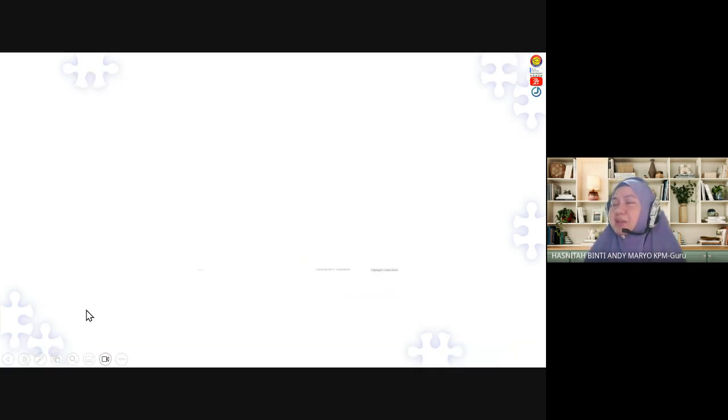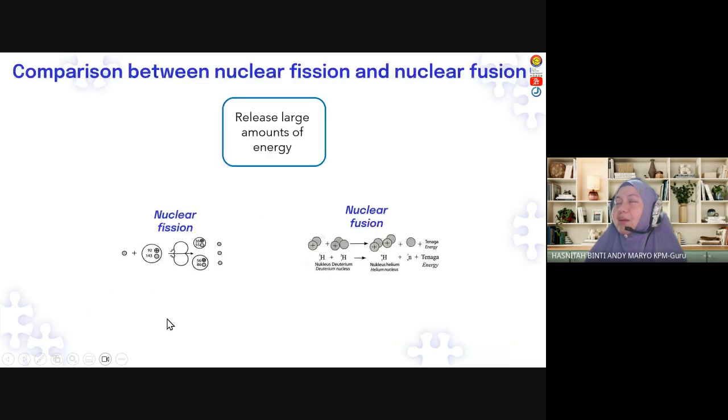Okay, next student. So this is the comparison between nuclear fission and nuclear fusion. Okay, first we talk about the similarities. Okay, both processes release a very large amount of energy. What is the name of the energy? Nuclear energy. Okay, second, it occurs to the nucleus of the element.